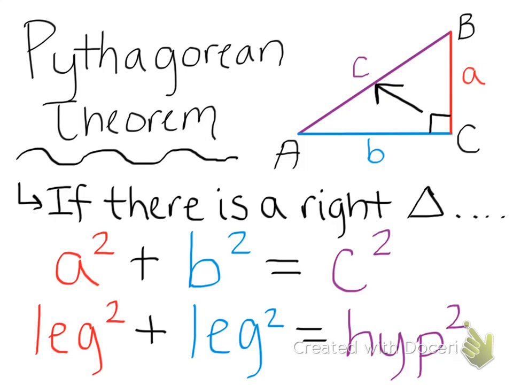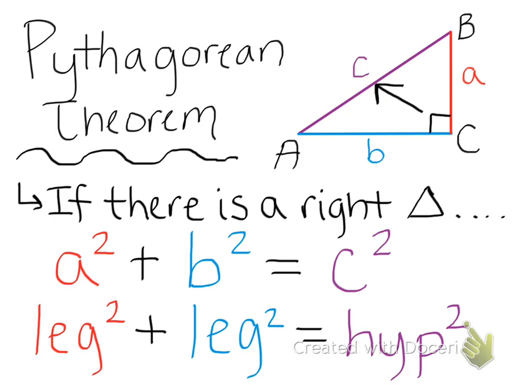If you look at the triangle I have drawn at the top, see how I drew that black arrow? The side right across from it is always going to be your hypotenuse. So it's leg squared plus leg squared is equal to hypotenuse squared, or what you have probably heard before, a squared plus b squared is equal to c squared.